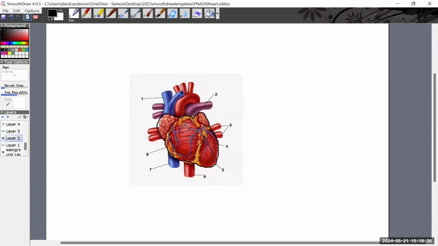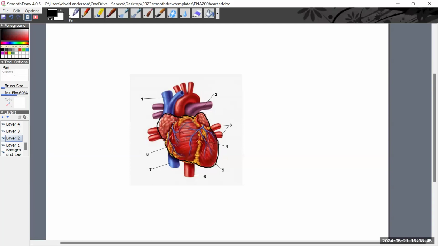The yellowish stuff represents adipose tissue. It's going to help insulate the heart, give a little bit of protection, but it also provides a source of fatty acids that the heart can use if glucose isn't readily available for the production of ATP.